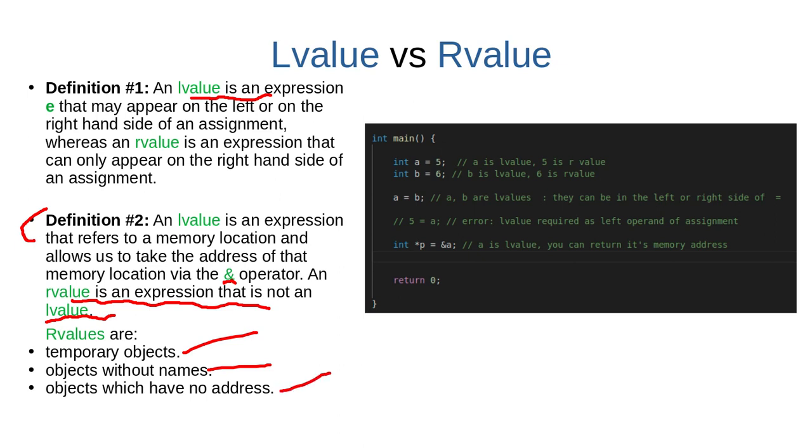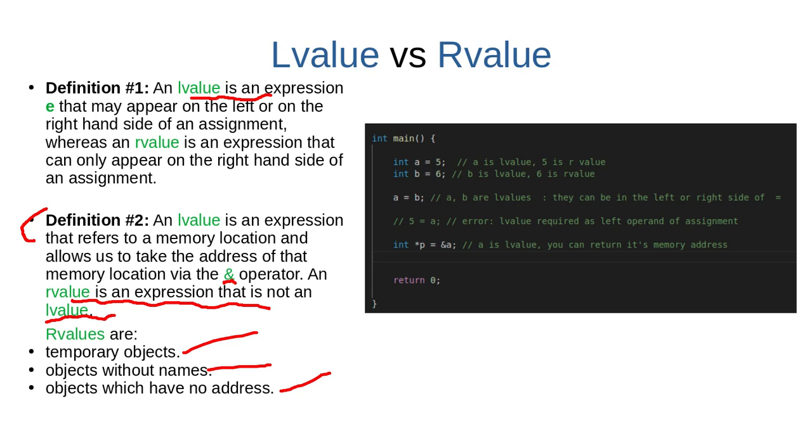So to summarize, in general, the first definition tells us that the lvalue can be on either side of the assignment operator, while the rvalue is always on the right side of the assignment operator.